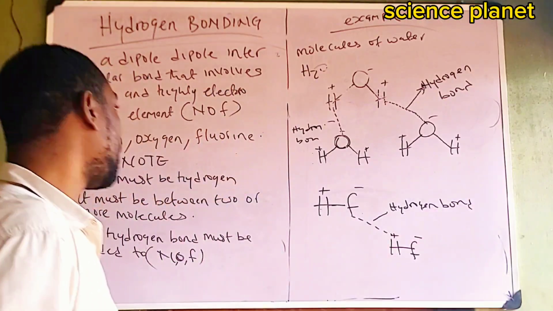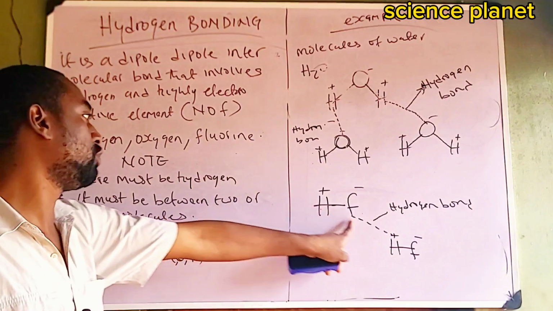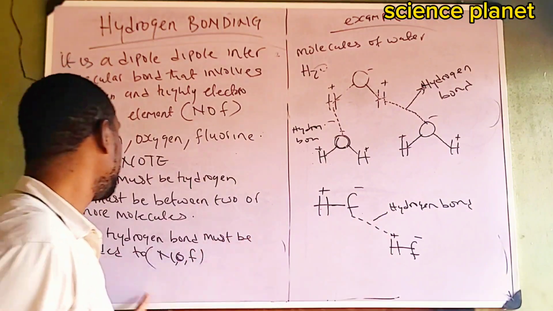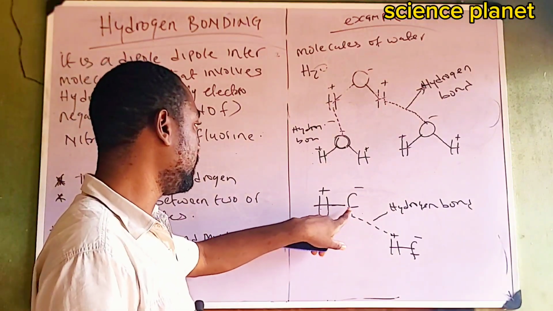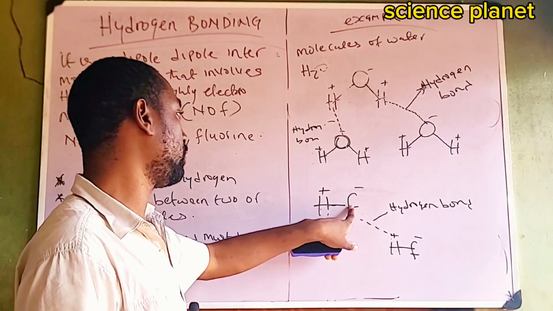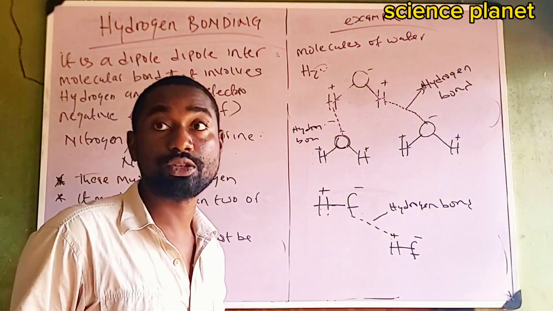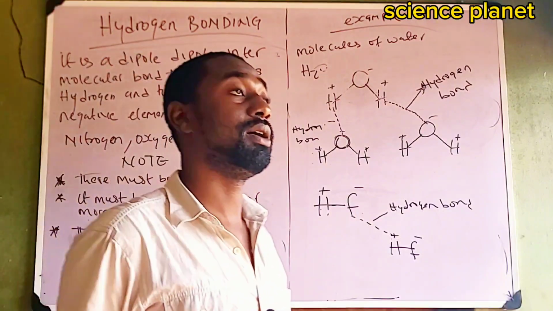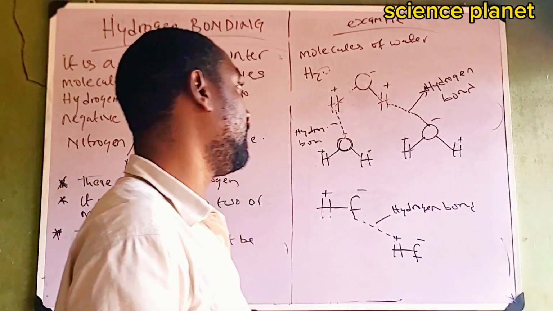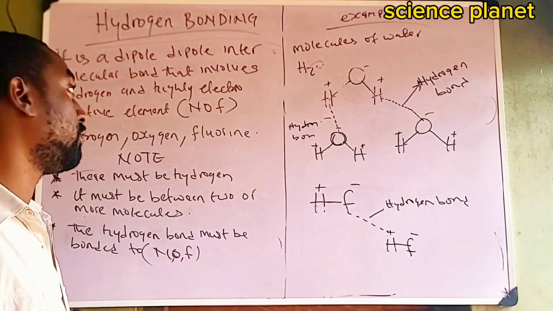You can see that these rules are applied. There must be hydrogen, there is hydrogen. It must be between two molecules. The hydrogen must be bonded to NOF. You can see the hydrogen is bonded to fluorine. This one is bonded to oxygen. This can also be bonded to nitrogen. These three electronegative elements are what give us the use of this hydrogen bond.